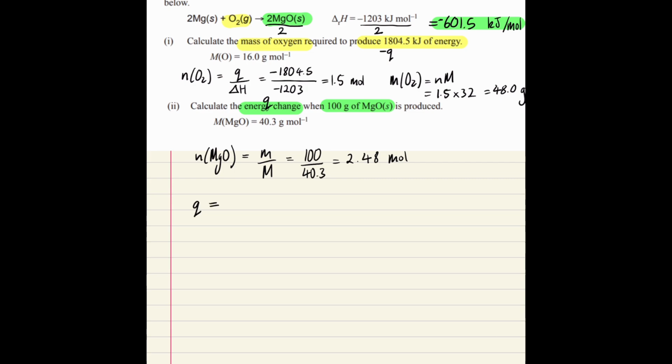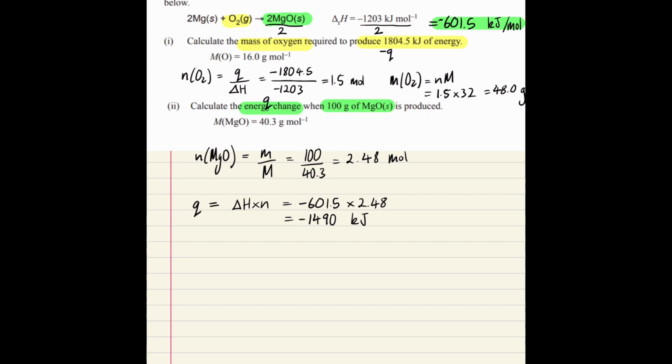So Q is equal to delta H times my moles. Delta H, I use that new value in terms of 1 mole of the substance, times how many moles I have in 100 grams. Remember to use your unrounded value. So I'm going to times by negative 601.5 in my calculator, and I get negative 1490, keep it to 3 sig fig, kilojoules.